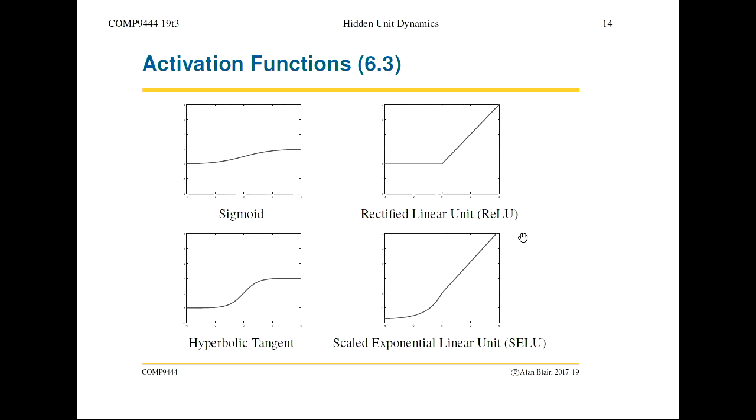This is fairly recent work, just a couple of years ago. Someone introduced this scaled exponential linear unit. It's a multiple of x on the right-hand side and a decaying exponential on the left, and there's this little kink in the middle. For some reason, this does a reasonable job as well, but the ReLU is the more standard one.